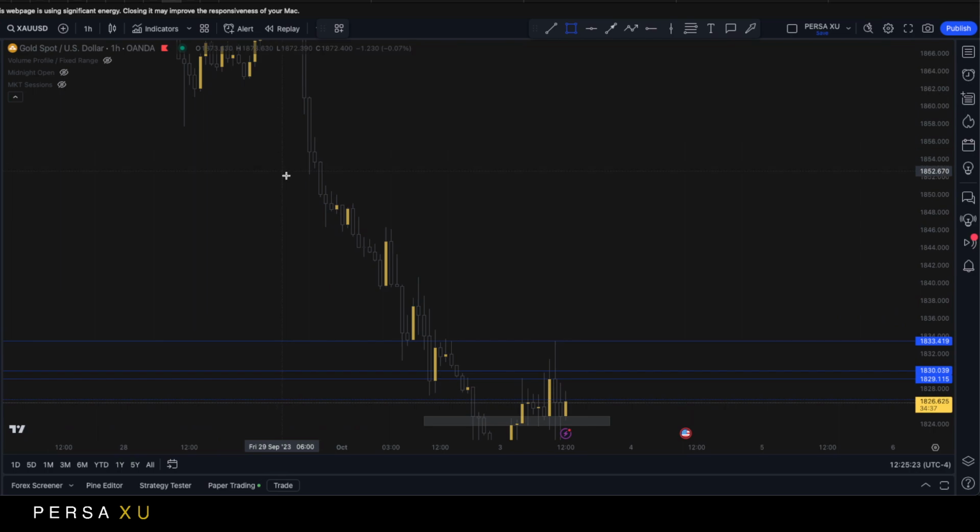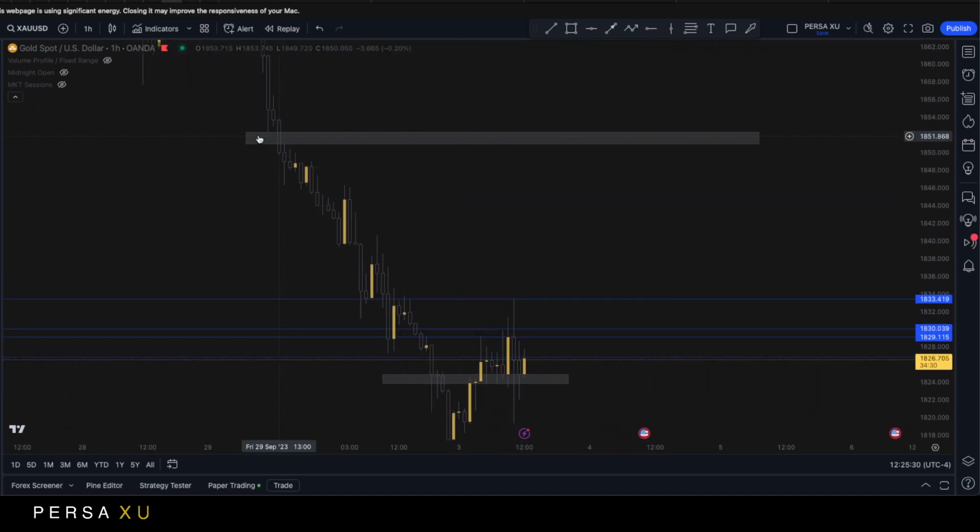But for the sake of your practice, you could just start mapping these imbalance areas out, probable areas of interest, and also logical areas as well.